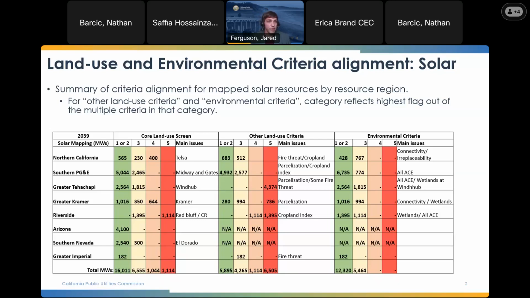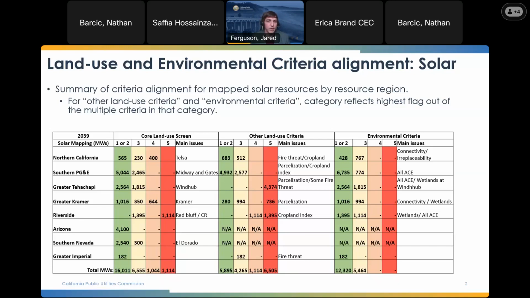In Arizona and Southern Nevada, because they're out of state, we currently don't have the complete data analysis sets that we have from CEC staff for the in-state resources. So we have a core land use screen based on the WEC land use and cultural implication data set that we have implemented, but we don't have the additional data sets.